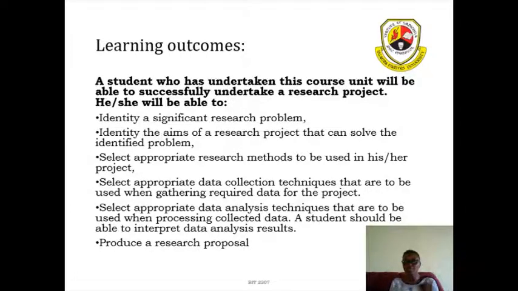Now, with any problem, once you want to solve it, you must have an objective. You must have set activities. So you should be able to identify and clearly articulate your aims or objectives to solve the identified problem.